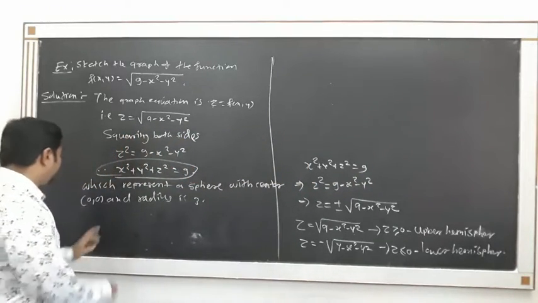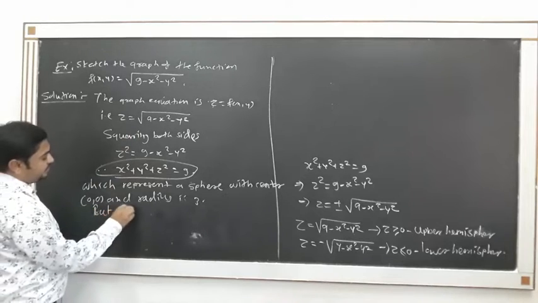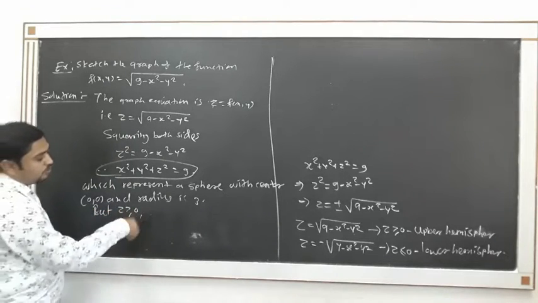But what is here? Here z is greater than or equal to 0. What does it imply?